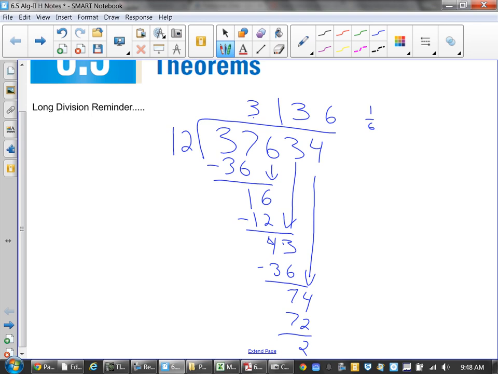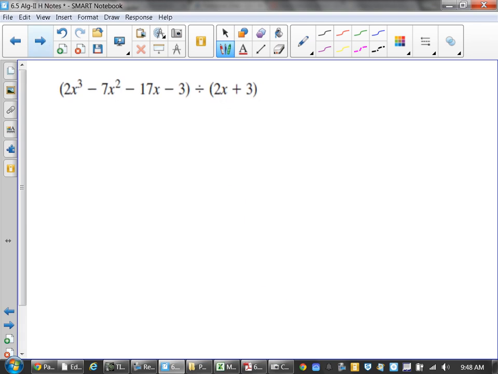What you're doing when you're working with long division is working with each individual term to set it up. It works exactly the same way when we do polynomials. So here's how I want you to write these out. Don't write them out horizontally. Set it up automatically to do the long division. Here's how this is going to look. 2x plus 3 goes out in front.